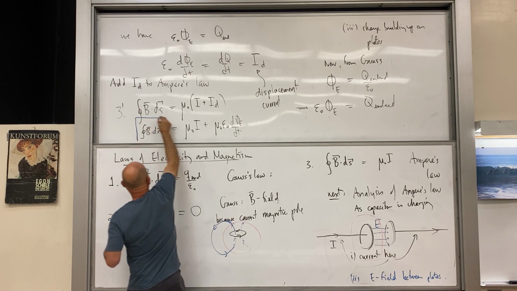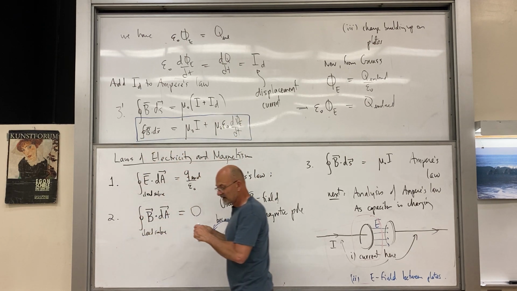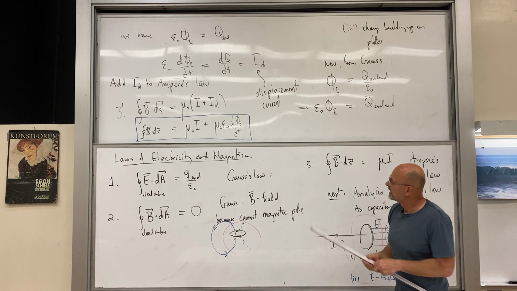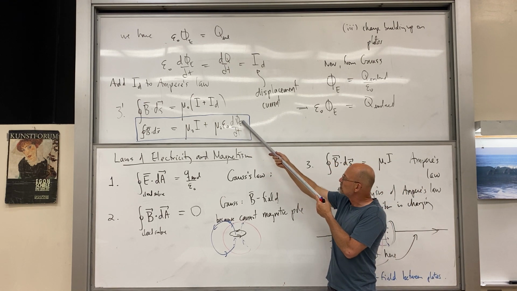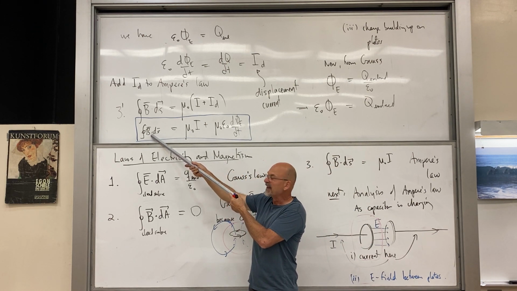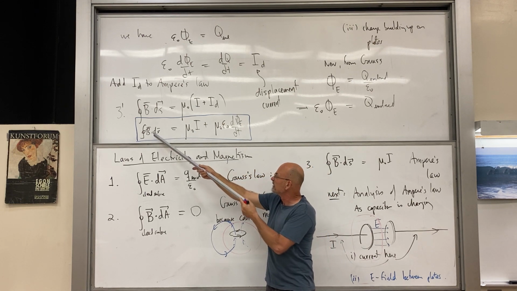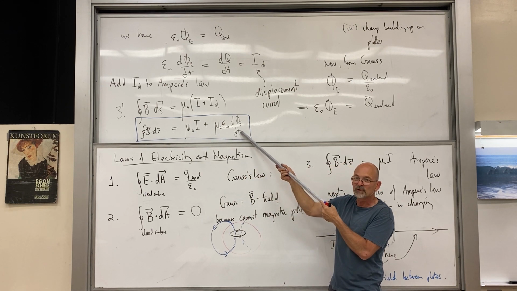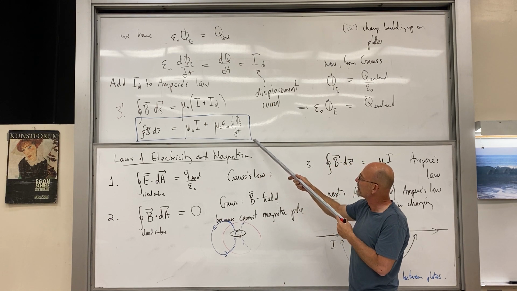So the commentary is this. The commentary is that changing electric fields, remember this represents an electric field, changing electric fields also produce magnetic fields. Remember we saw currents produce magnetic fields, but also changing electric fields. Okay? So the situation becomes very rich now.